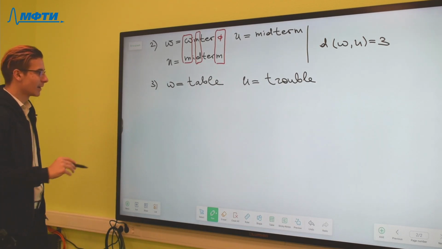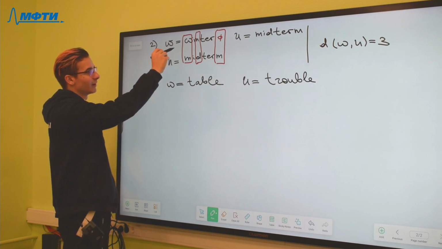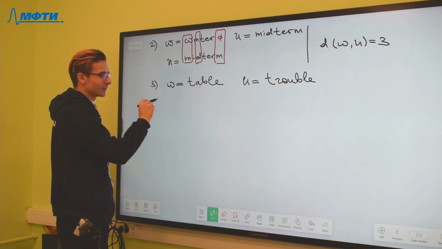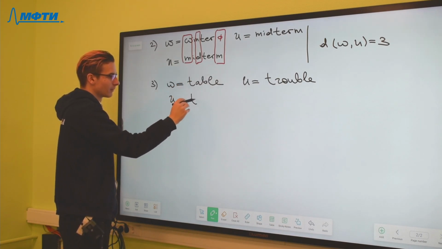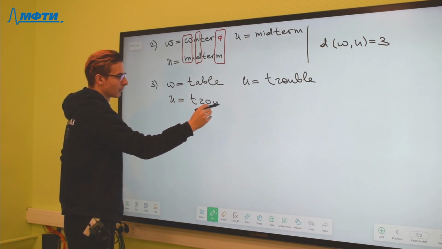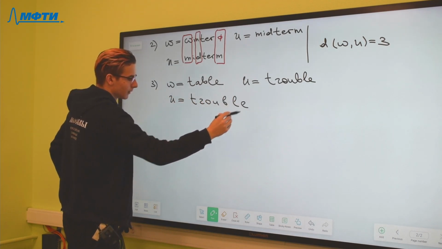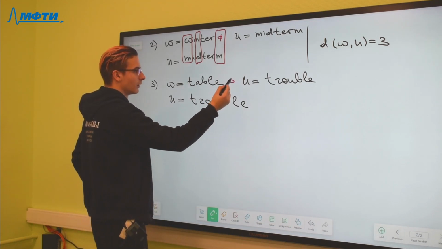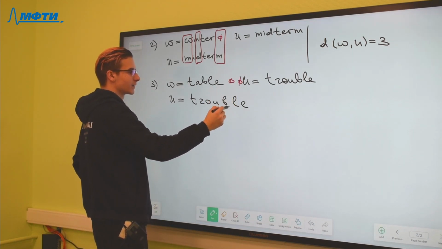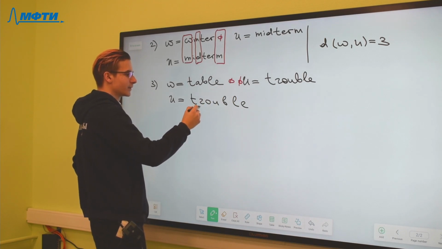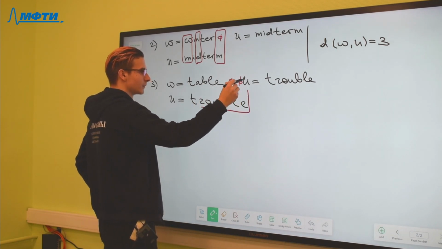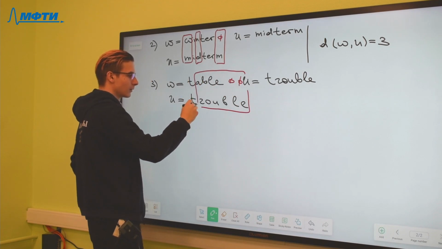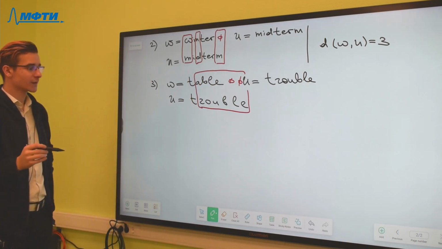For example, we can try to write this word under this word. And we find that the number of characters in which they differ is equal to 6.